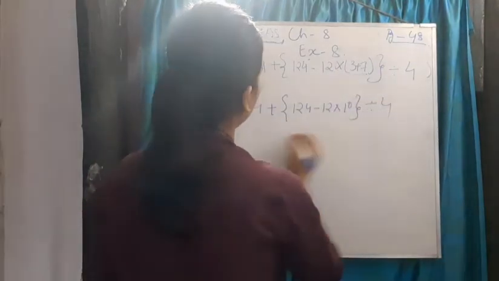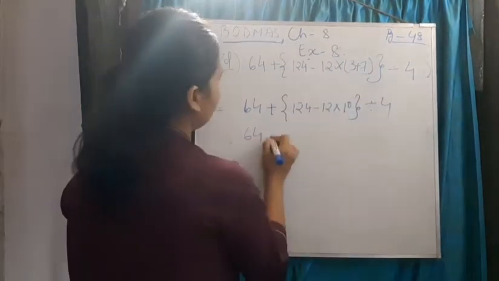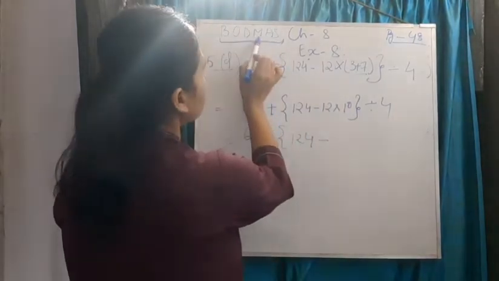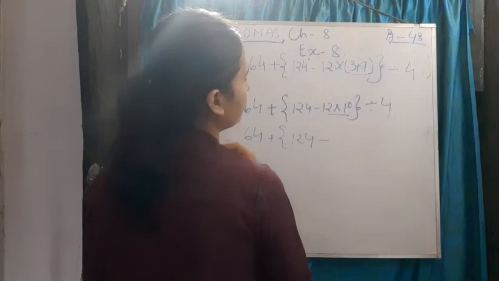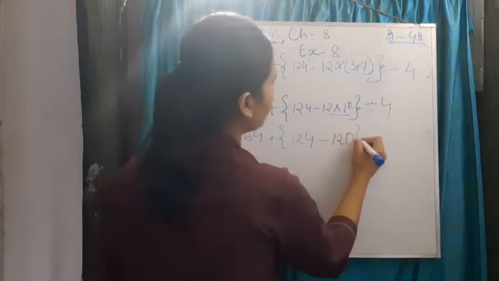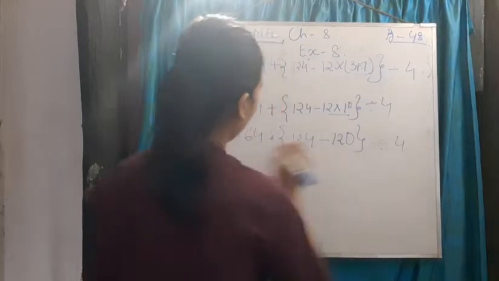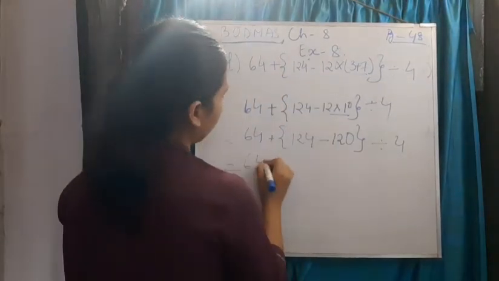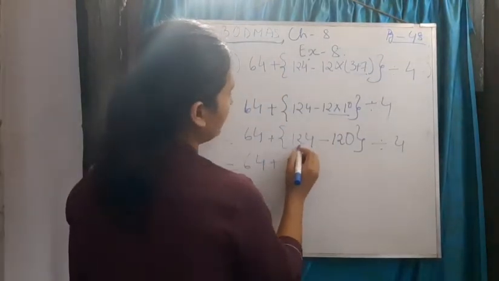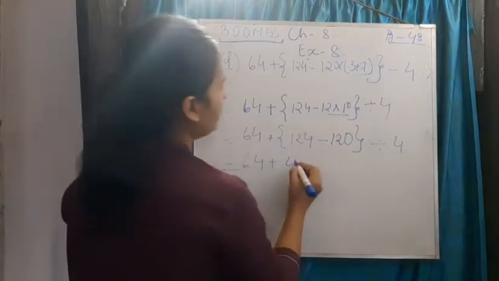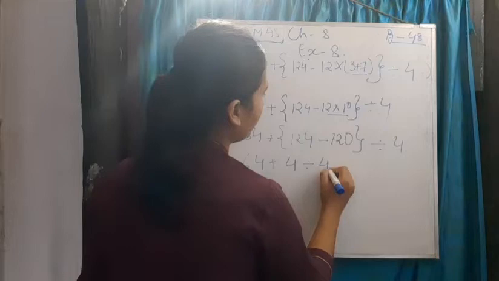Divided by 4. 64 plus 124 minus, we can see here that first comes what? Multiplication. So we will multiply this first. 12 into 10, it will be your 120. Divided by 4. Then 64 plus 124 minus 120 will be your 4, divided by 4.